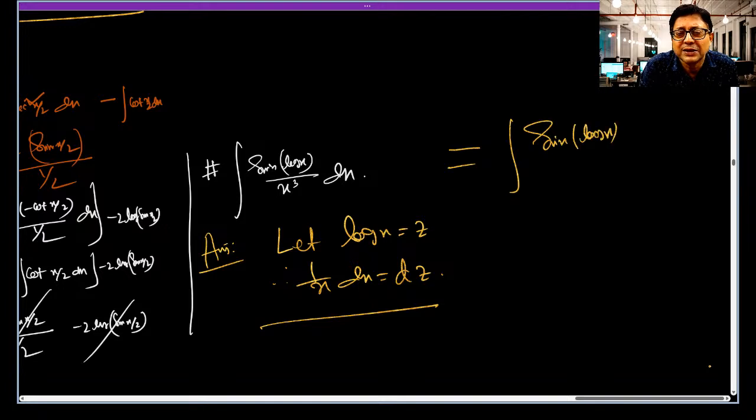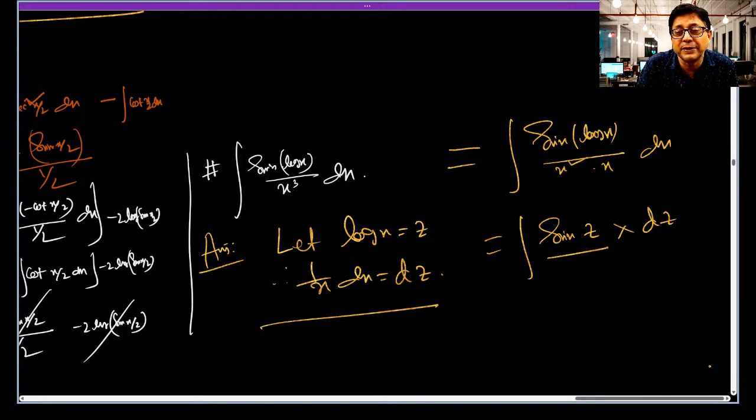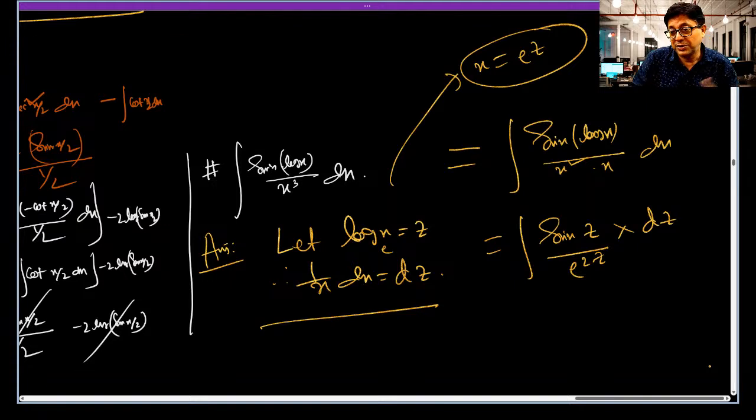Sin log x, 1 x you got here, but x square is remaining, x square into x dx. That's why you write sin z, dx by x is dz, and the value of x is e to the power z, so x square is e to the power 2z.